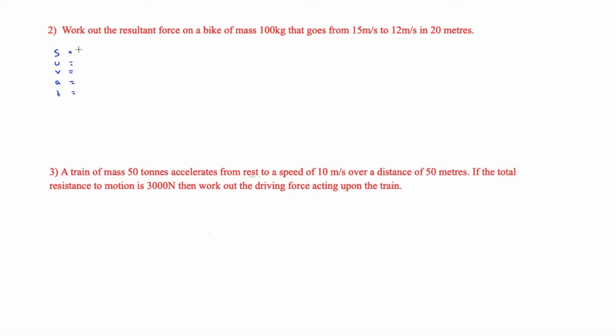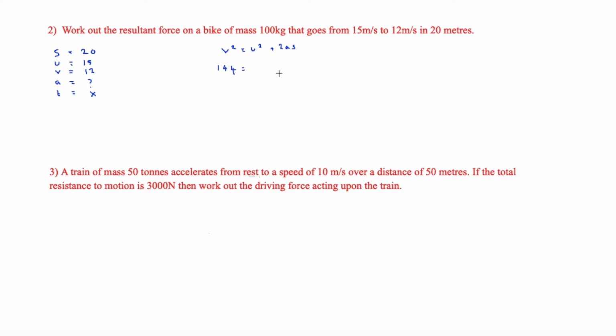Now we know that S is 20, U is 15, so that's the initial speed, and the final speed V is 12. A is what we're trying to find out, and T we don't have. So without t, the Suvat equation we'll use is v squared equals u squared plus 2as. So v squared, 12 squared, is 144.